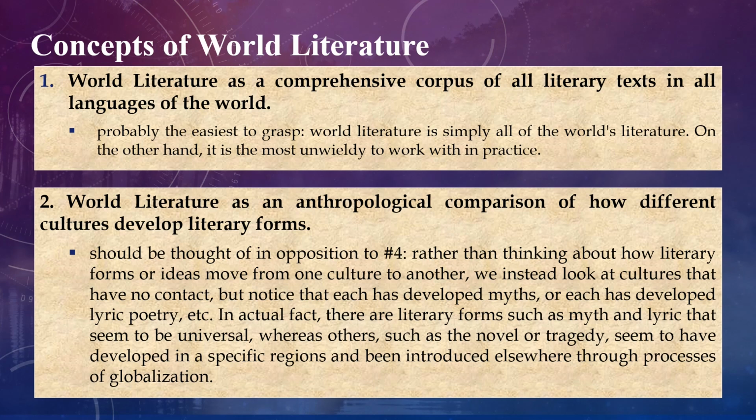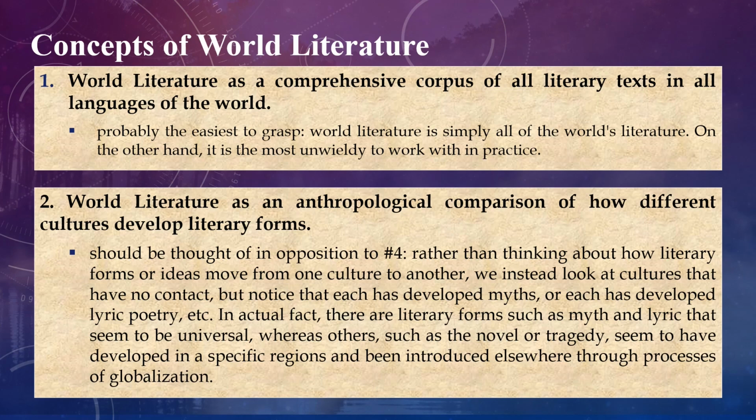Rather than thinking about how literary forms or ideas move from one culture to another, we instead look at cultures that have no contact, but notice that each has developed myths or lyric poetry, and so on. In actual fact, there are literary forms such as myth and lyric that seem to be universal, whereas others such as the novel or tragedy seem to have developed in specific regions and been introduced elsewhere through processes of globalization.